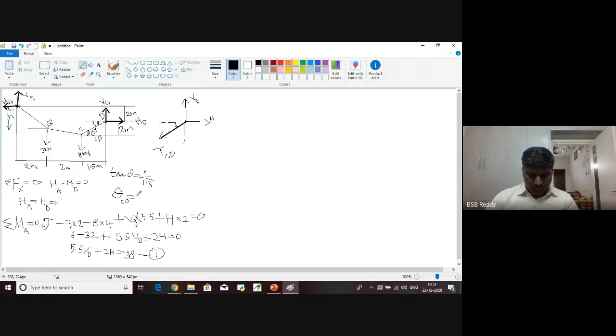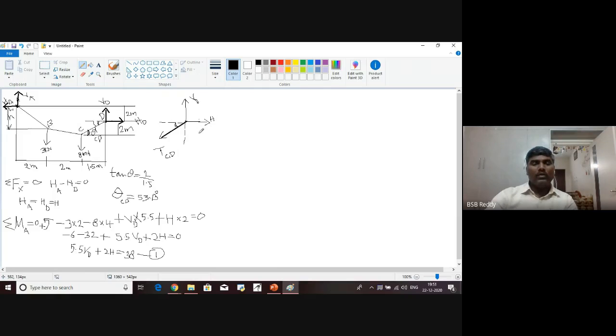So you have to perform tan inverse of 2 divided by 1.5. How much is this? 53.13 degree. Got it? So this is how you get theta.